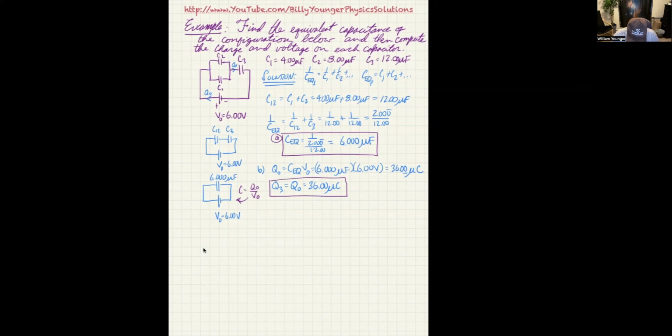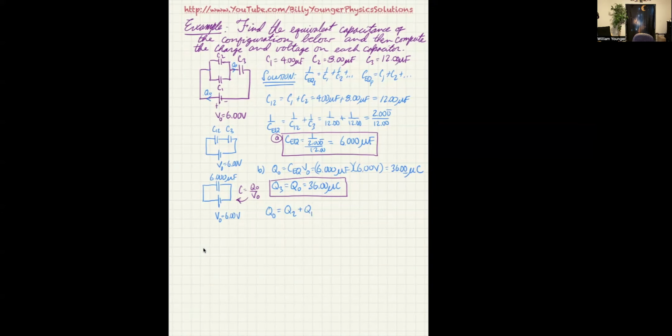So we now have Q3 and the total Q that leaves the battery. Now, what we do know is that, I should be writing in blue again, Q0 is what breaks into Q2 plus Q1.